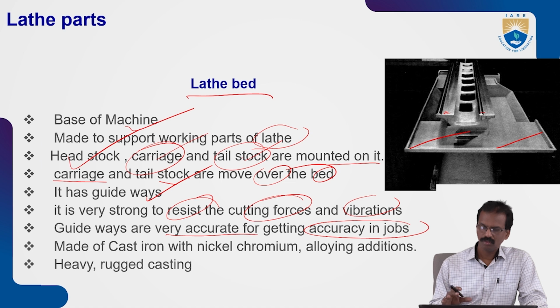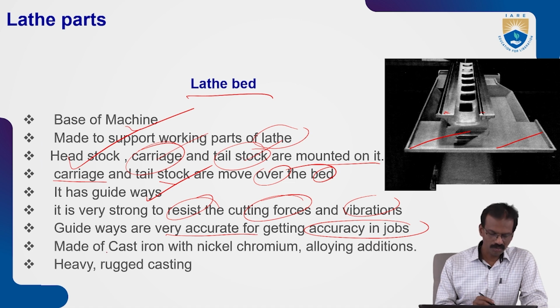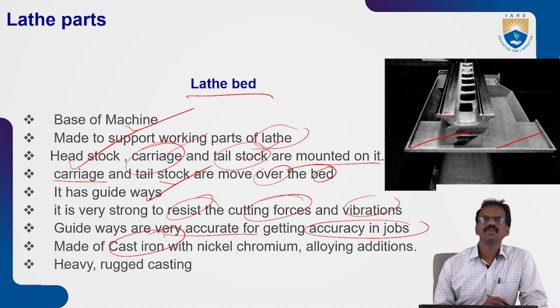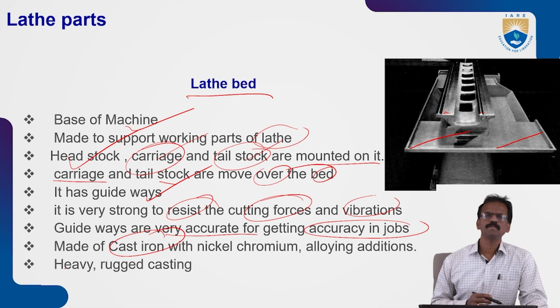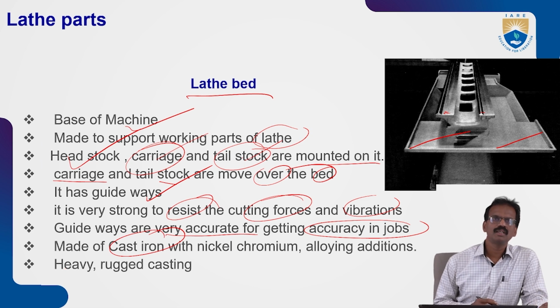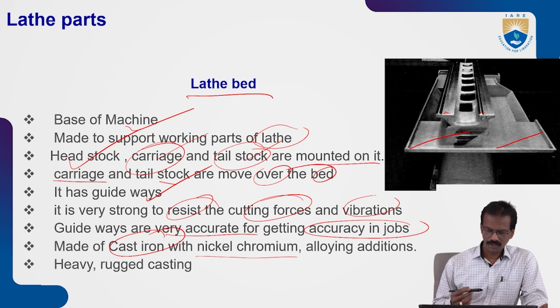For the accuracy of the jobs, the bed is made of cast iron, a very hard and very brittle material. Cast iron with nickel chromium. Nickel chromium gives good strength and corrosion resistance. This alloying gives good strength.